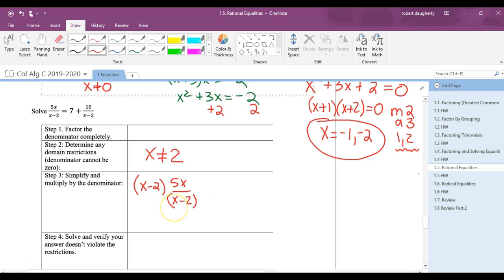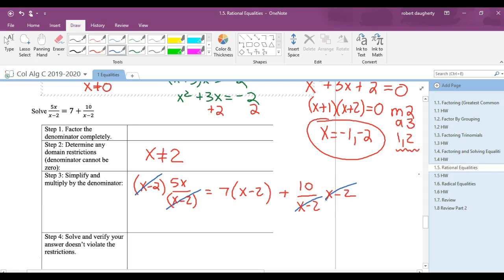I recommend writing this step down so that there really aren't any careless mistakes. So everything gets multiplied by x minus 2. And the beauty of that is it looks complicated, but it gets a whole lot easier. That's 1, and this is 1.